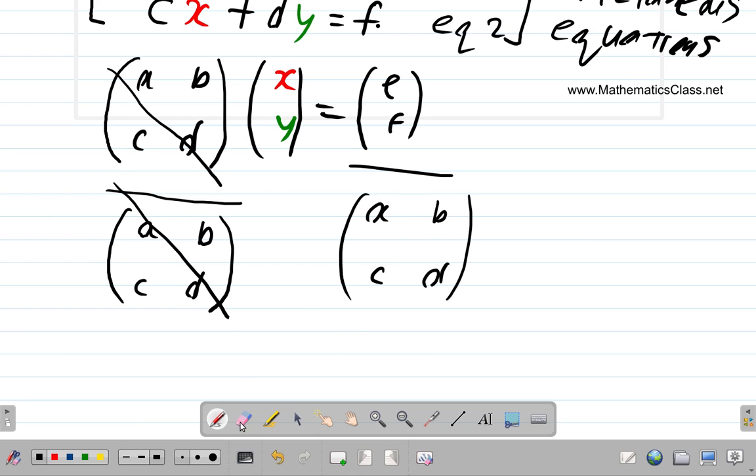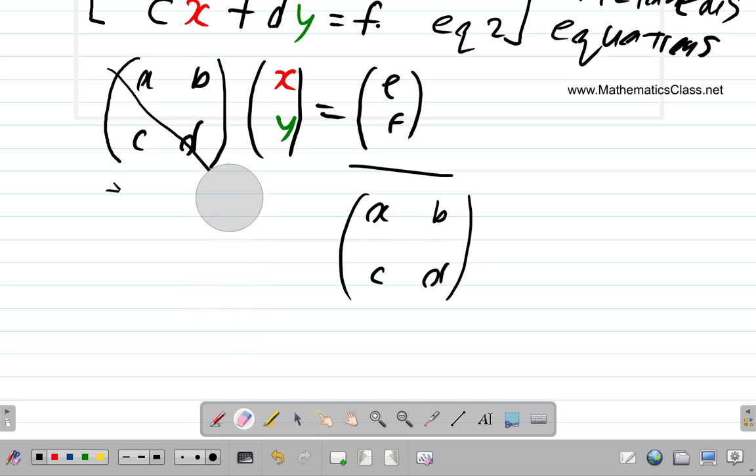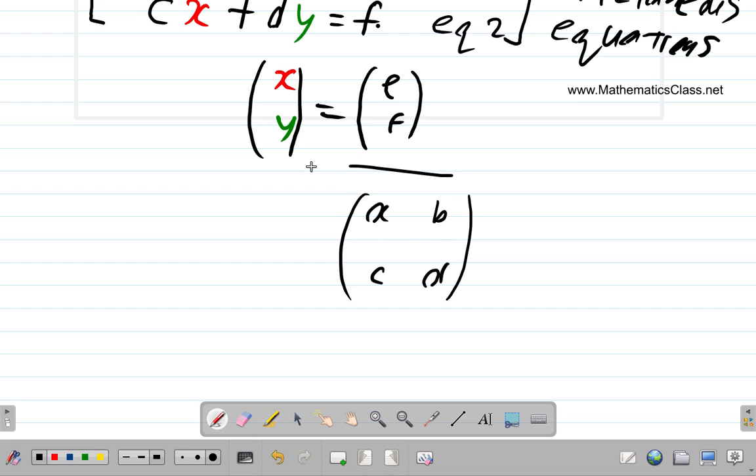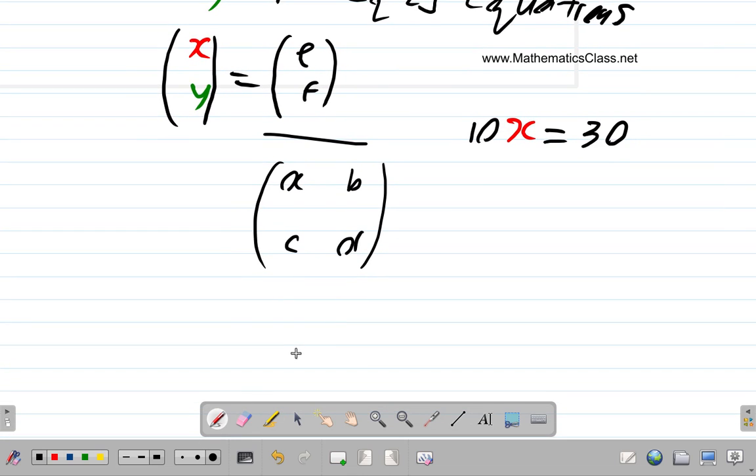So now, what you have is a case where A, B, C, D, the matrix, cancels itself. So, here, XY is equal to EF over A, B, C, D. Now, let us remember what happens in numbers. Suppose you have 10 multiplied by X equals 30. To find out what X is, you divide both sides by 10. 10 cancels 10.